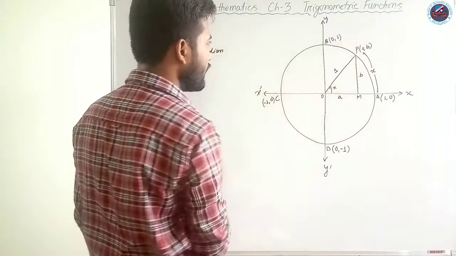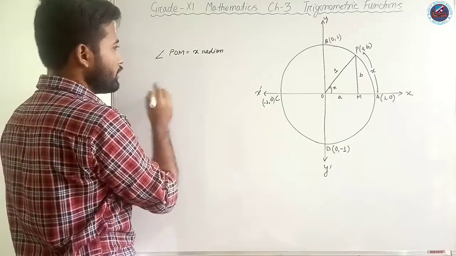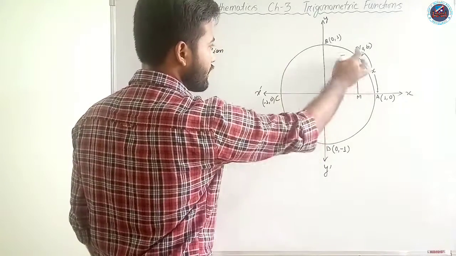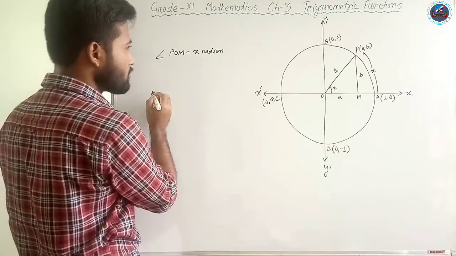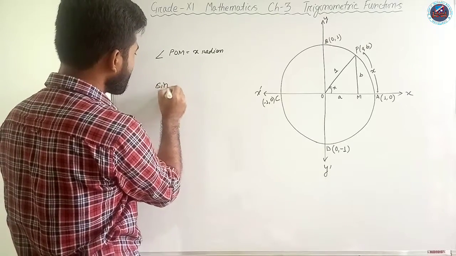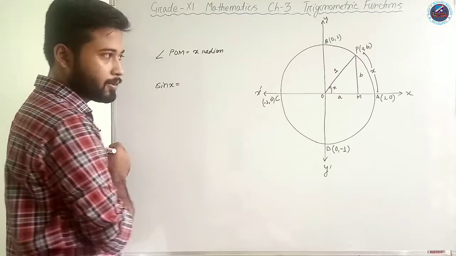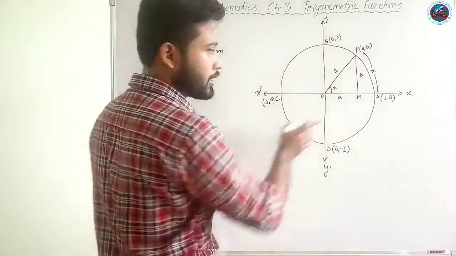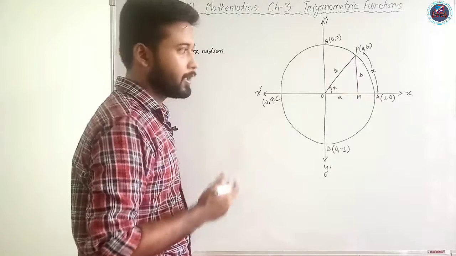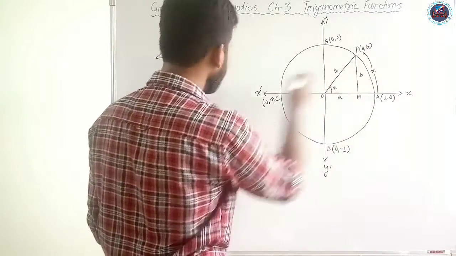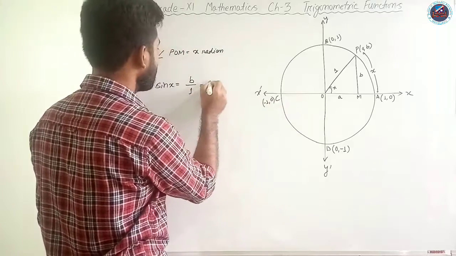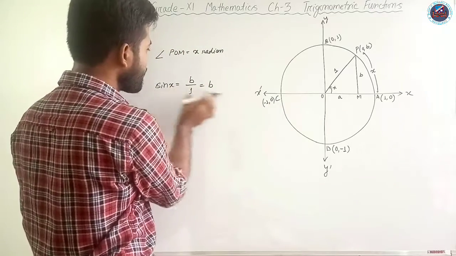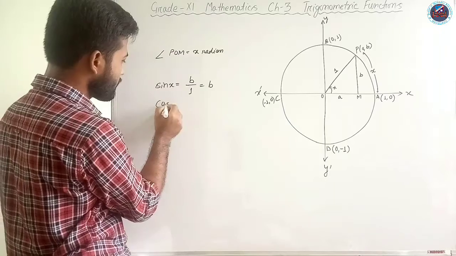Now let us see what A and B are. Here this is a right angle triangle, POM. So what about the sine of x? Sine of x is perpendicular by hypotenuse. Our perpendicular is B, and hypotenuse is 1, so sin x is equal to B. And what about cos x?